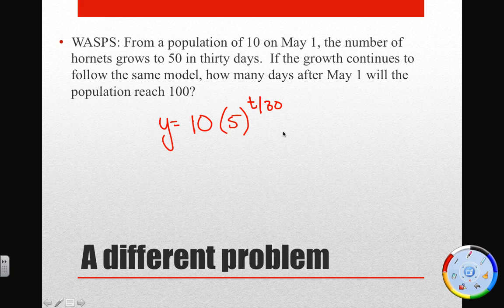Now, that's just the equation we get from the basic beginning statement, but we want to know when it will reach 100. So we have 100 equals 10 times 5 to the t over 30. Don't multiply 10 by 5. Don't do that. Divide both sides by 10. I get 10 equals 5 to the power of t over 30.